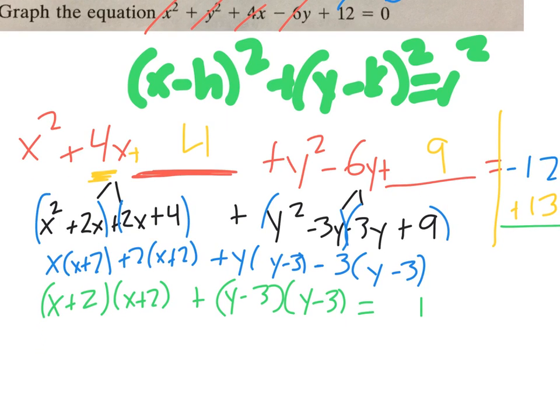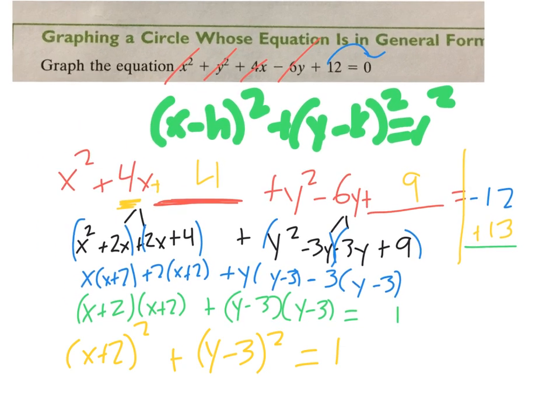And then, well, what is this? Well, x plus 2 times x plus 2, that's the same thing as x plus 2 squared. Similarly, this is y minus 3 squared equals 1. So now look how I've taken the general form of a circle, and it's now written in the standard form of the equation of a circle.